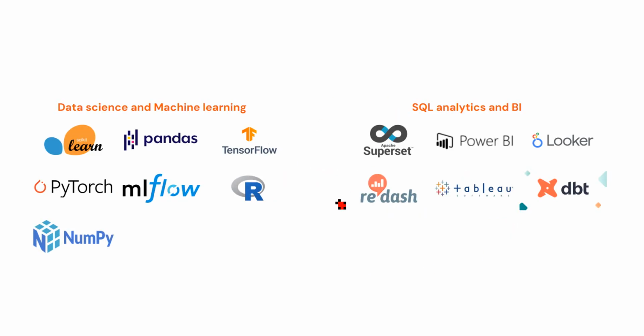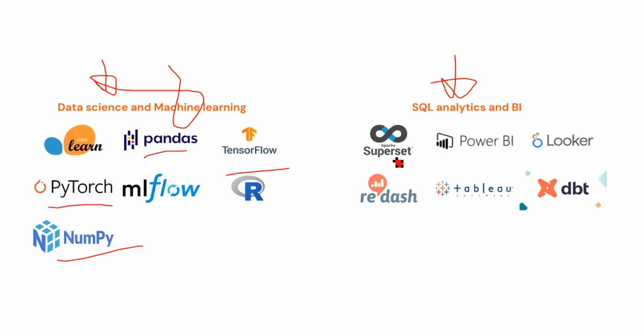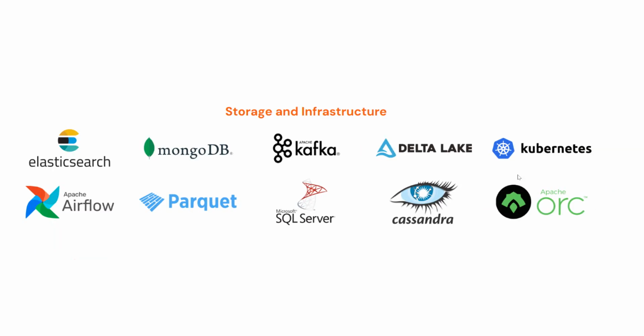If you want to use these tools for data science and machine learning, we have tools like PyTorch, TensorFlow, NumPy, and many more. Pandas is also there. Then for SQL analytics and BI, there are Power BI, Tableau, and Looker, and many more tools supporting Apache Spark.